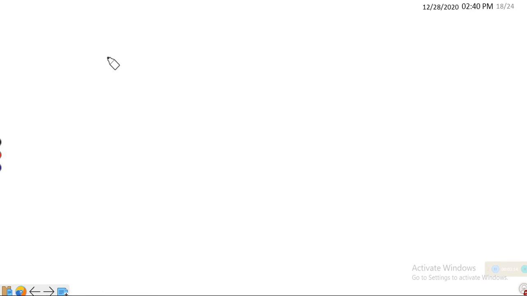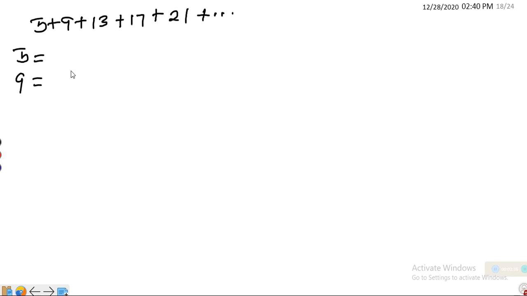So let's use another series. Consider this one: 5 plus 9 plus 13 plus 17 plus 21 plus ..., which is an infinite series. Now let us find the general term. The first term is 5, the second term is 9. The difference between them is 4, so this is 4n plus 1.